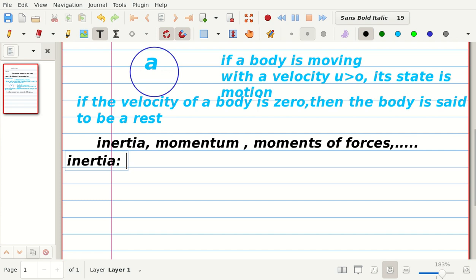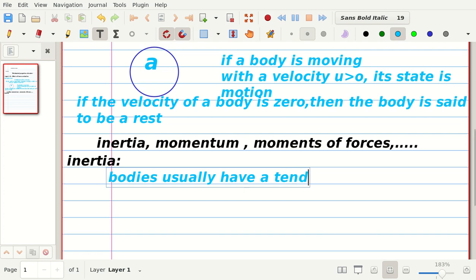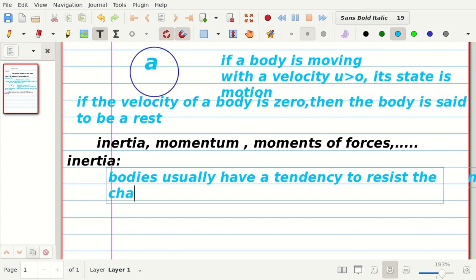Before I define inertia, I could first write a paragraph here in another color so that you can distinguish. Bodies usually have a tendency to resist a change in state.